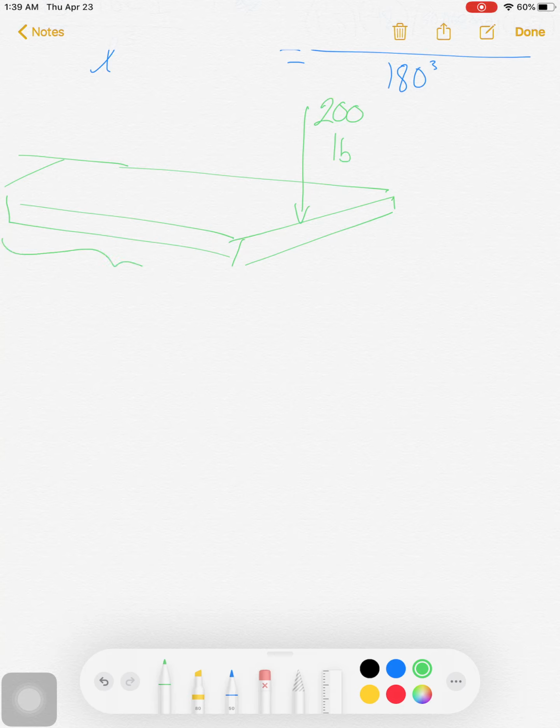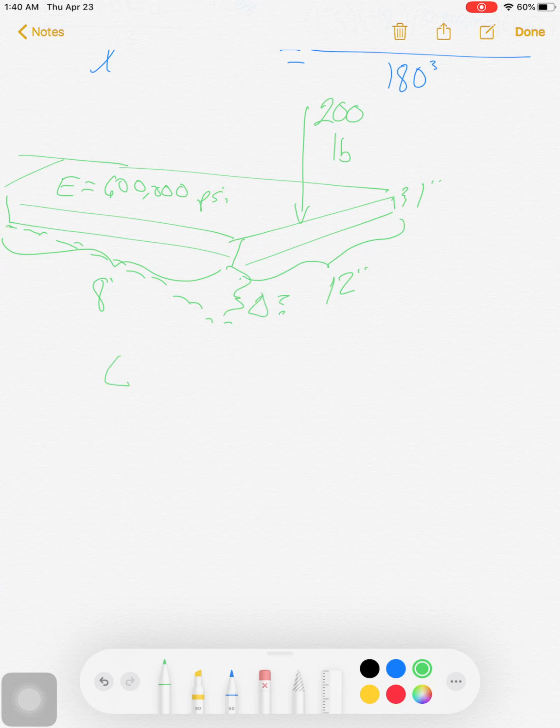We'll say our diving board is 8 feet long, 12 inches wide, and 1 inch tall. We'll say that the diving board is made out of some sort of plastic that has a modulus of elasticity of 600,000 psi. We want to know how much is this diving board going to bend. So when it bends down, what is that deflection?